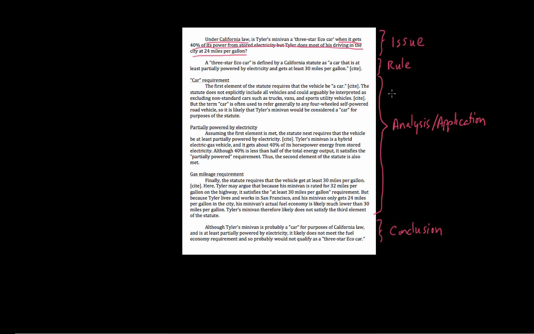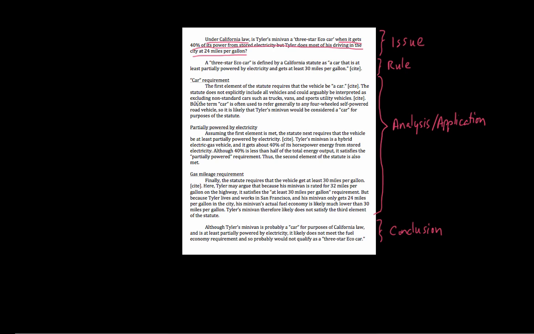But besides following the IRAC form, there are a few things that I'd like to point out about the sample memo. The first thing is that we're using the specific facts as much as possible, the specific relevant facts, in our analysis. We don't just use the specific facts in our issue, we also use them in our analysis.